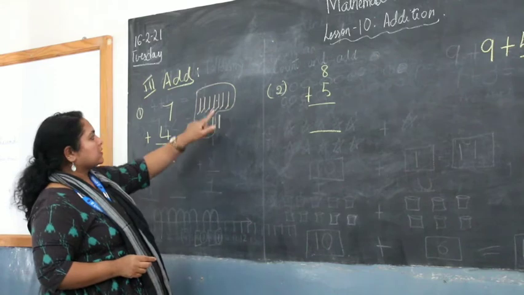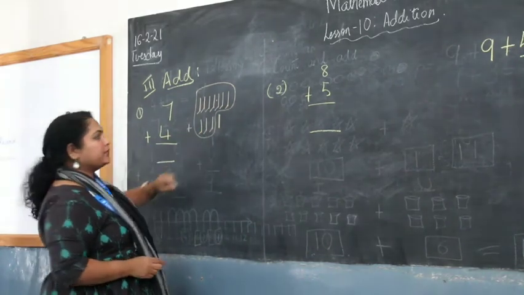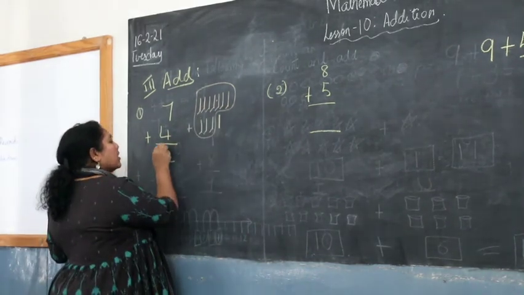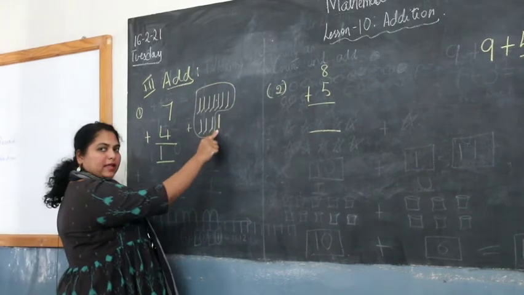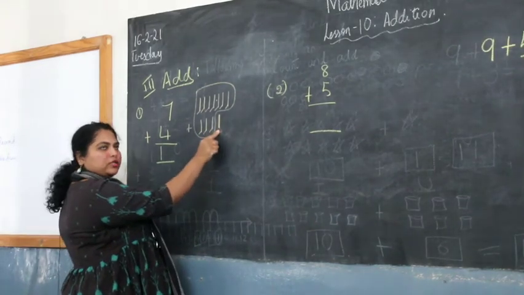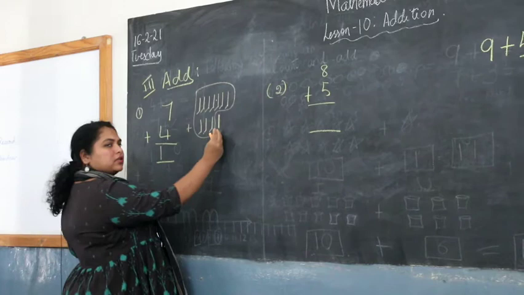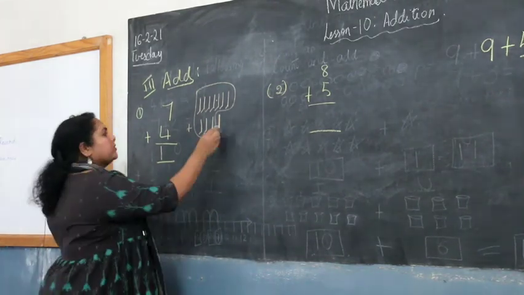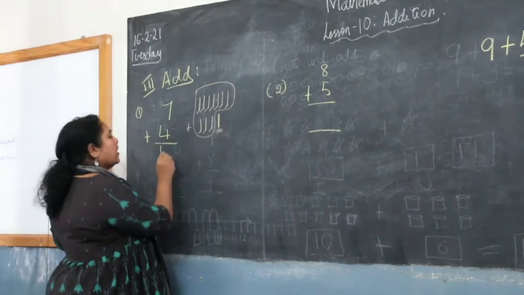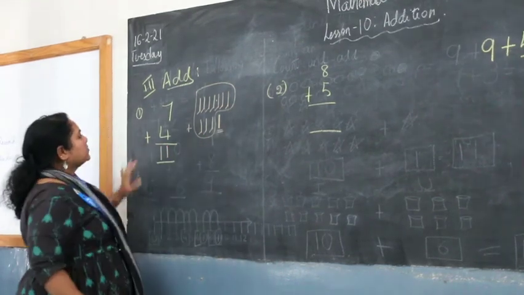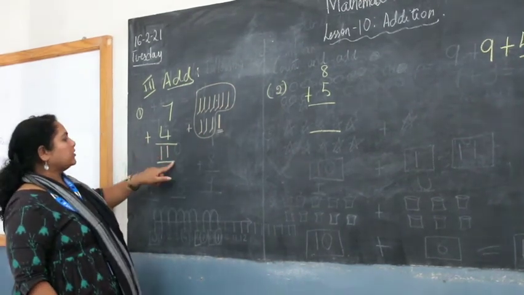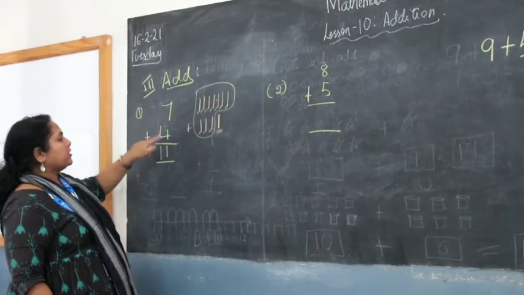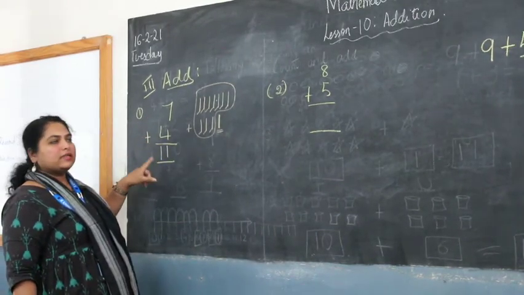Only 1 stick. Whatever sticks are left after making 10 will be your units, correct? We have 1 unit left. So 1 ten and 1 unit is 11. So 7 plus 4 is 11.